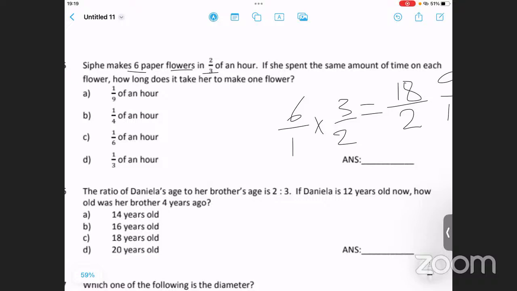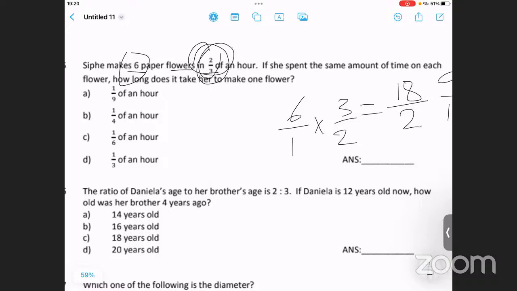So basically we're going to divide this whole thing by 6, all right? Because each and every flower is going to have its share of this 2/3.